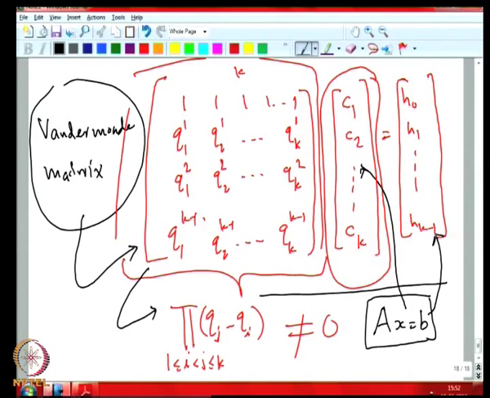This is a very familiar thing in linear algebra. This is a k by k matrix, and this kind of system of equations will always have a solution irrespective of what b is. If the matrix determinant is non-zero, then the matrix is invertible, and with the inverse of the matrix we can multiply by b and get the solution for x.